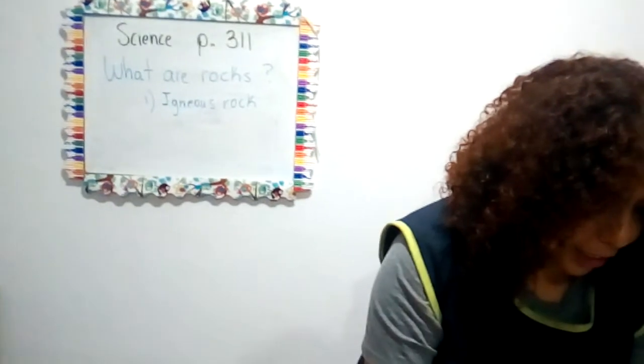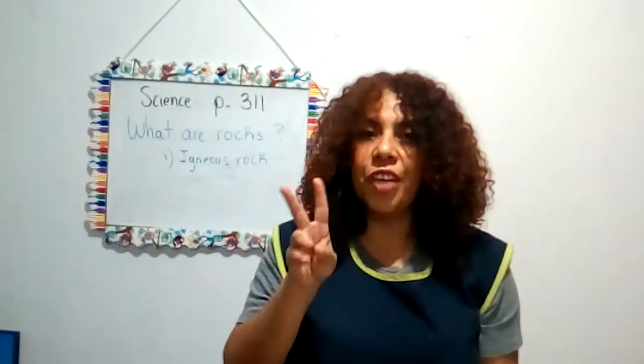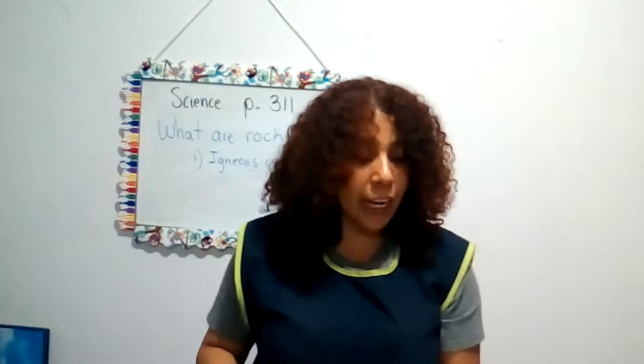So, we're going to continue. And you can read the details here in page 311 about the igneous rock. Let's look at page 312 and let's look at the second kind of rock. The second kind of rock is the sedimentary rock.